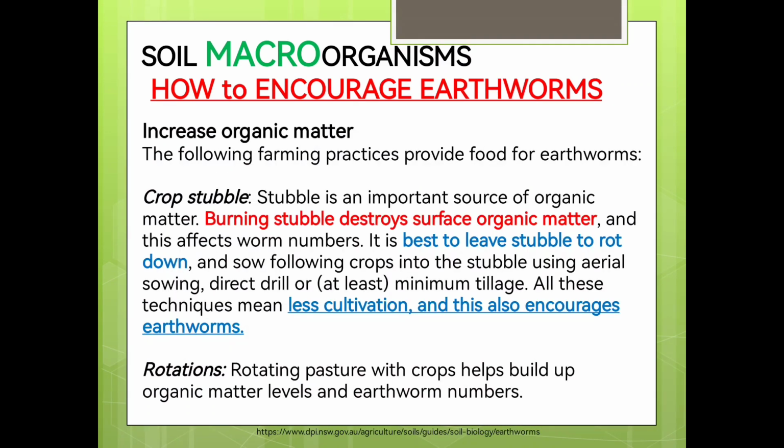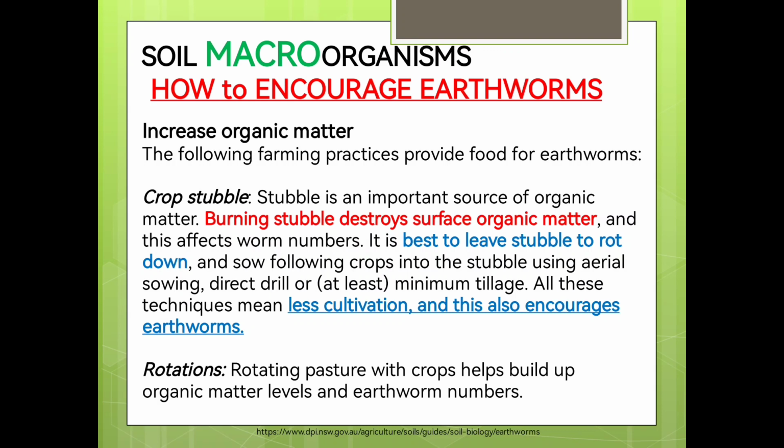Another is crop stubbles. Yung mga tira-tira pag nag-harvest tayo ng mga mais, di ba? May mga puno pa ng mga mais na natitira dun sa field. Stubble is an important source of organic matter and wag nating sunugan kasi burning stubbles destroy surface organic matter and this affects worm numbers.